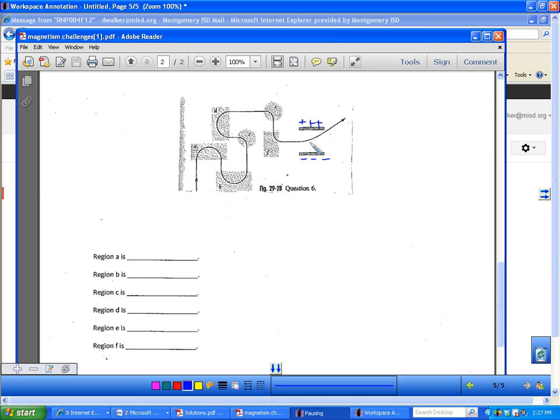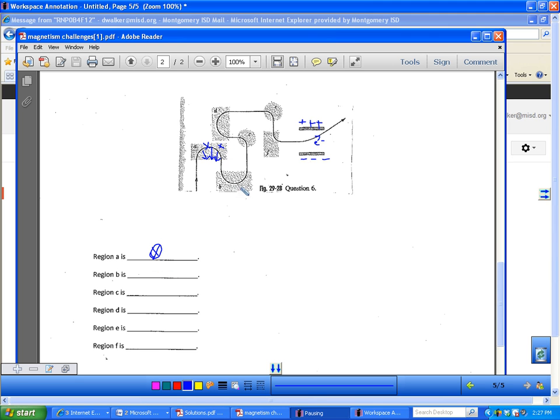So that means this must be a negatively charged particle, something like an electron. Okay, well, if that is true, then I'm going to take my left hand and point my thumb in the direction that the particle is moving. My palm is going to be facing to the right, and my magnetic field here has to be into the page because that's the only way I can experience a force like that. So this is a series of X's. So region A is into the page.